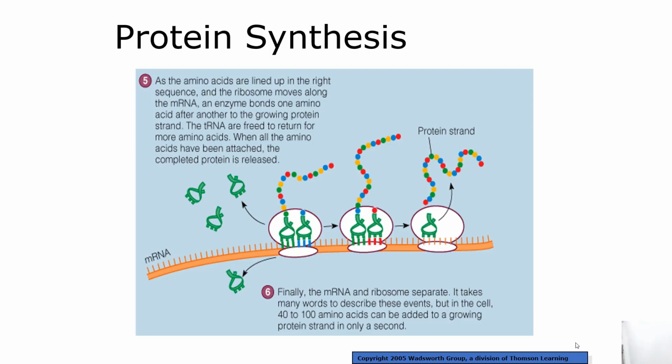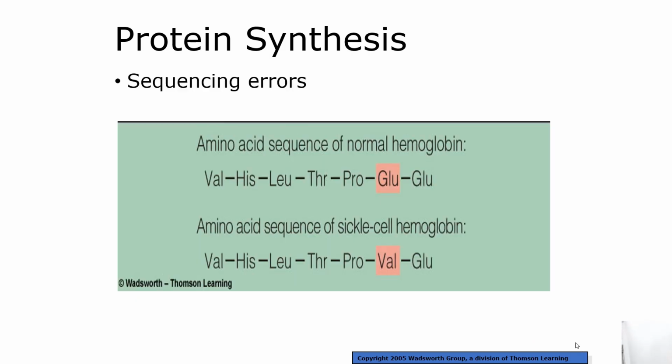When all the amino acids have been attached, the completed protein is released. Finally, the mRNA and the ribosome separate. It takes many words to describe this event, but in a cell, 40 to 100 amino acids can be added to a growing protein strand in only a second.